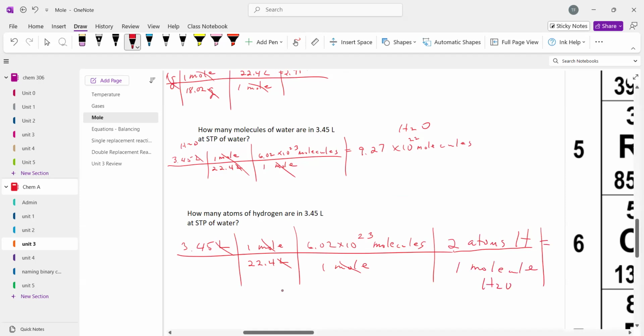So it's a 2 to 1 ratio. Now molecules cancel, leaves us with atoms of hydrogen, which is basically 9.27 times 2, since the numbers are the same.